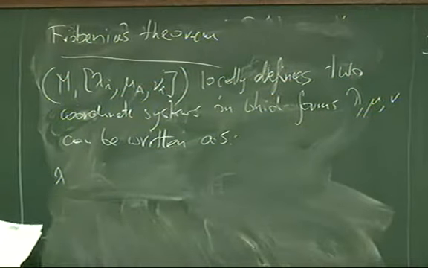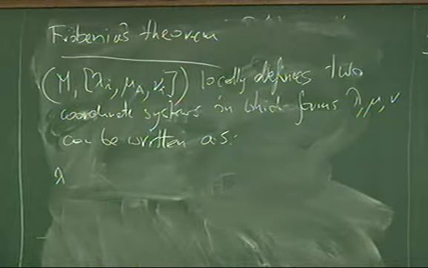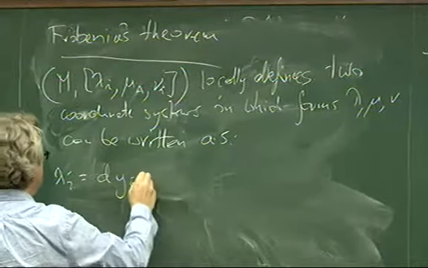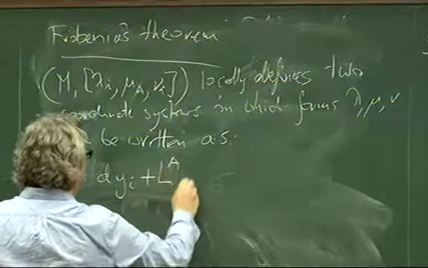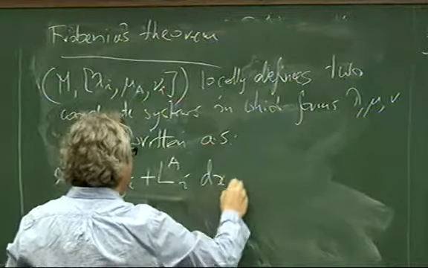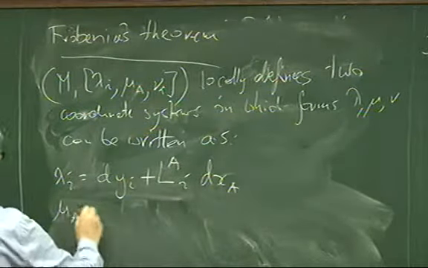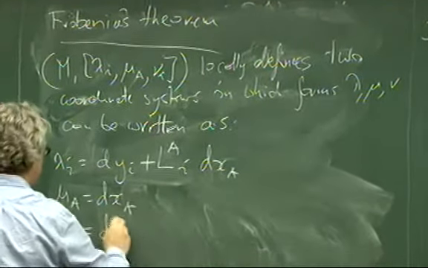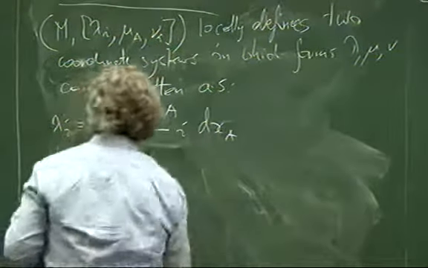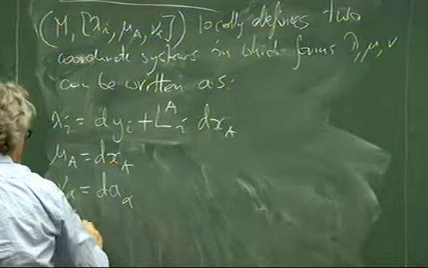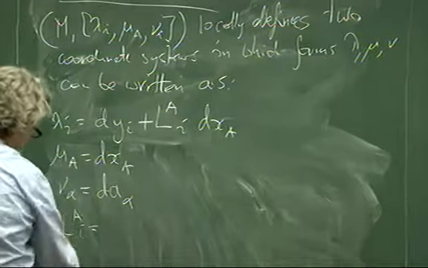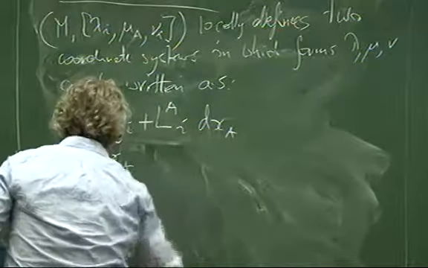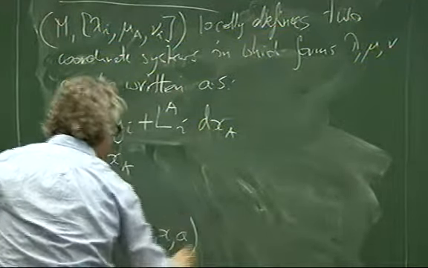So either there is a coordinate system which I call y, x, a, and then lambda_I can be written in this form, mu_A can be just this, and mu_alpha is equal like this. And L is some matrix, some functions which depend on all the coordinates, which are y, x, and a.